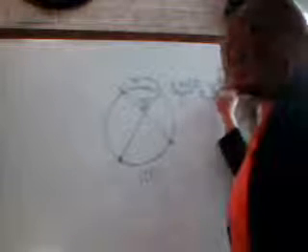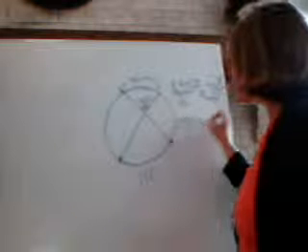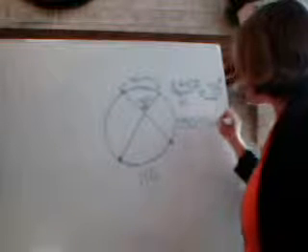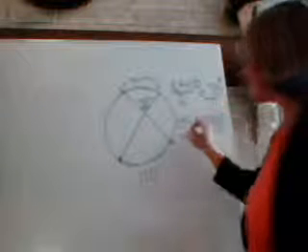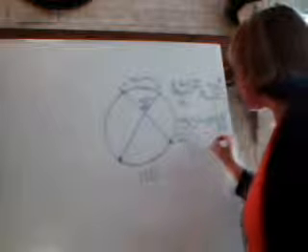Now from here, I'll stick a 1 under here and do a cross product. So 75 times 2 is 150. 150 is equal to X plus 100. Subtract 100 from both sides, and my arc is 50.